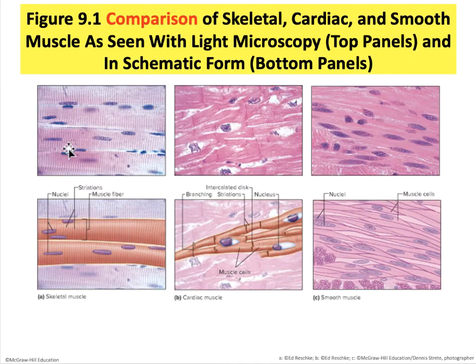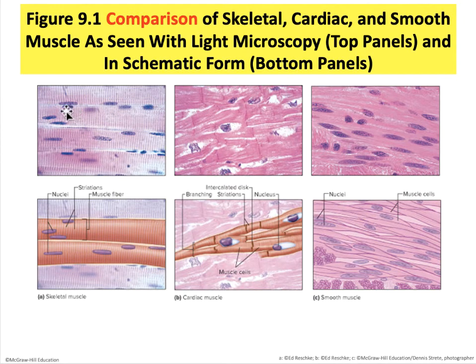between them. The top row in figure 9.1 shows actual pictures taken with the light microscope of various layers of muscles of the three types. So here we have skeletal muscle, and one can see the tiny little striations responsible for its characteristic appearance.